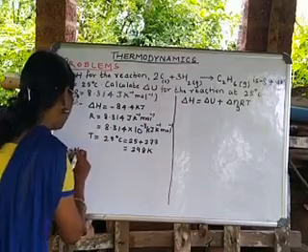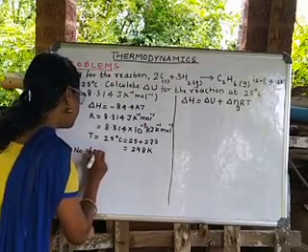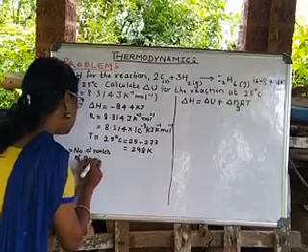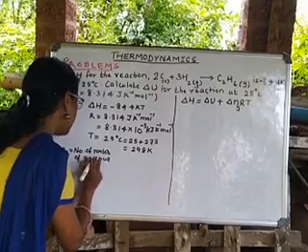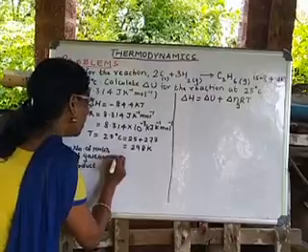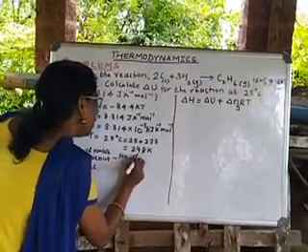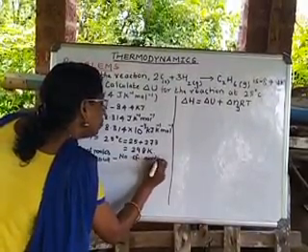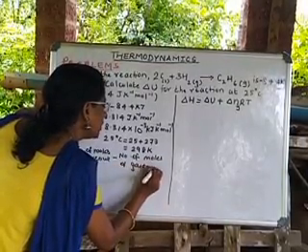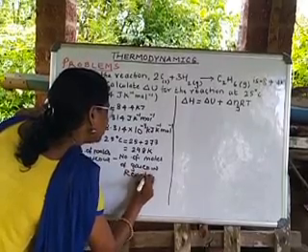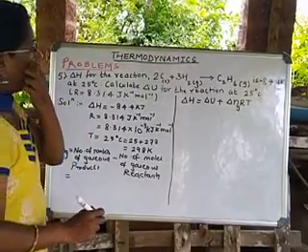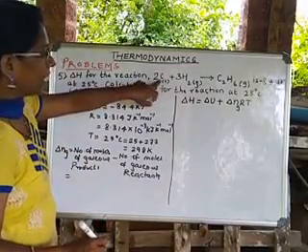So I am writing here: number of moles of gaseous product minus number of moles of gaseous reactant. Okay, so this is the formula for delta n g.